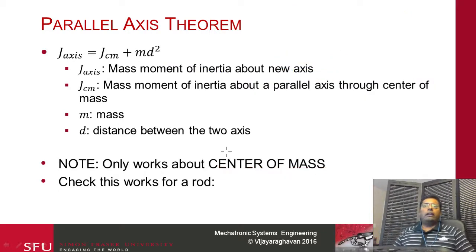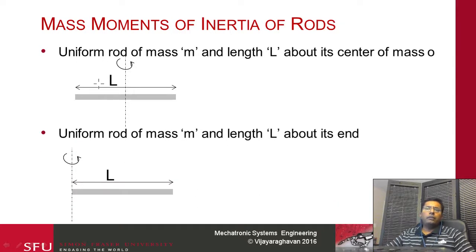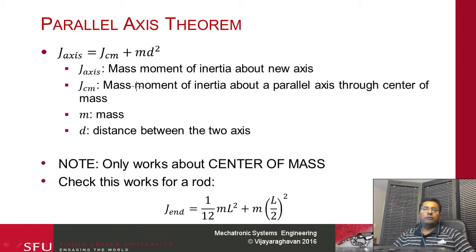So we're going to really quickly take a look at this and double check. So remember, we had the J end, which you can think of as moving from this point, which is the center of mass, to this end, and this distance is L over 2. So we can see if this actually works out.